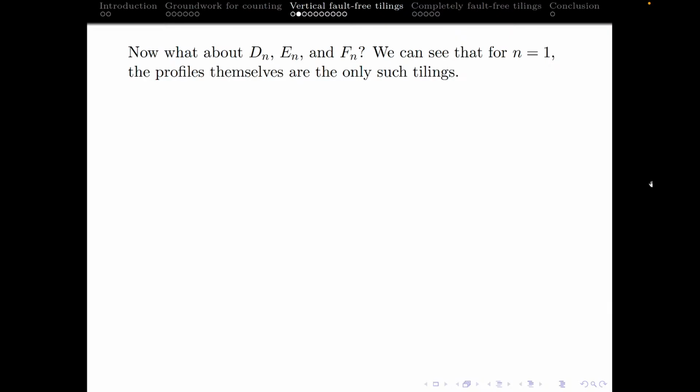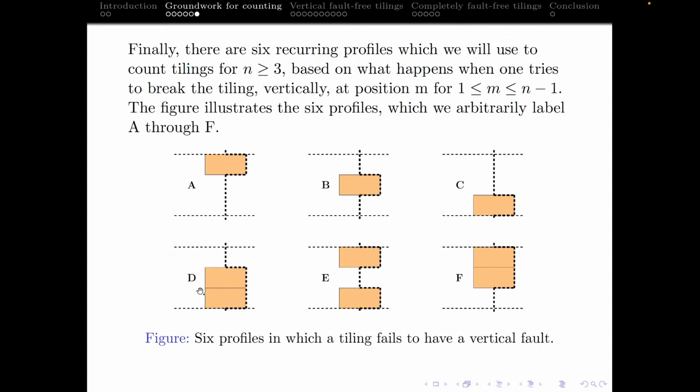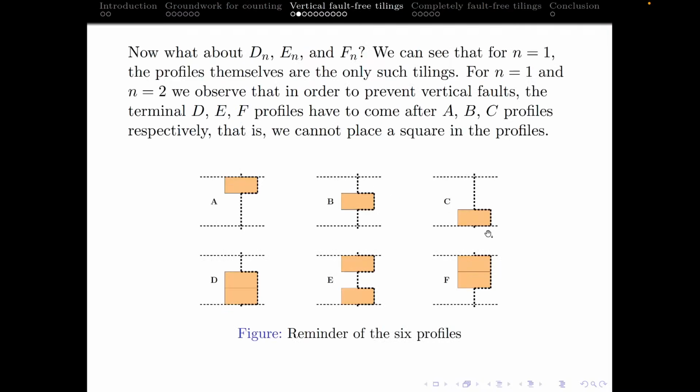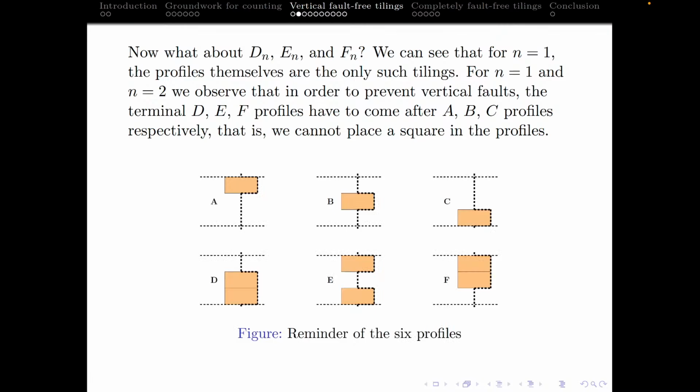So first of all, for n equals 1, we see that there's no such new tiling which is possible here, because we can only place one square here, one square here and one square here. So those are the only possibilities so far. And yeah, so these are the 6 tilings, just in case.